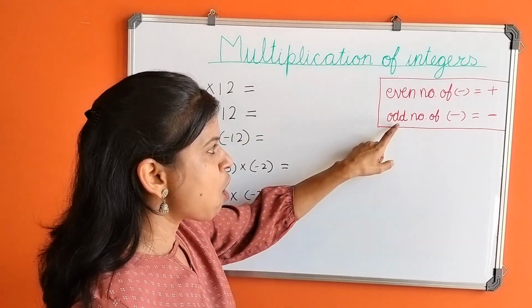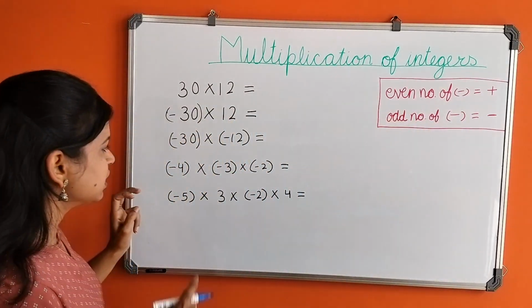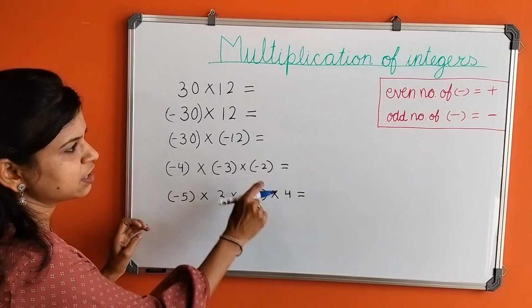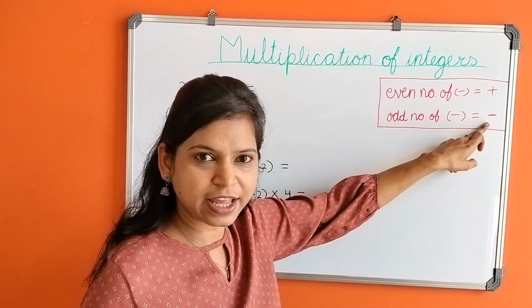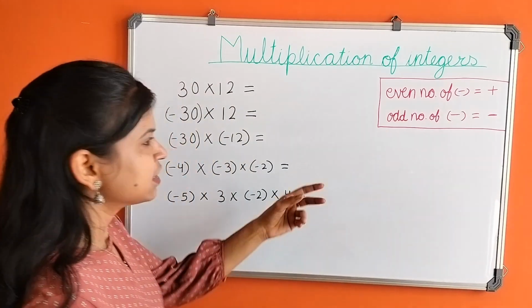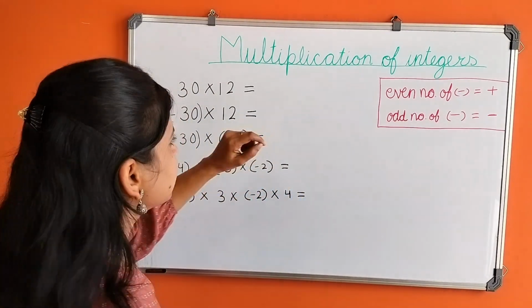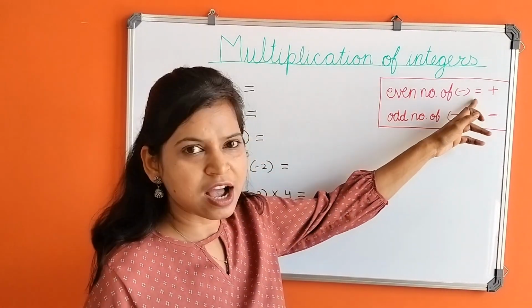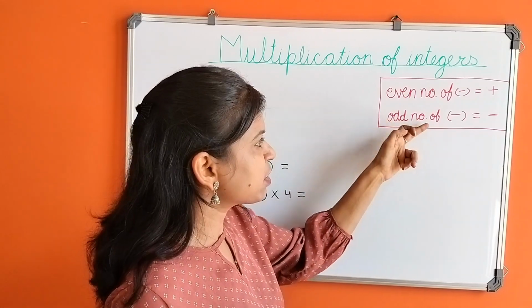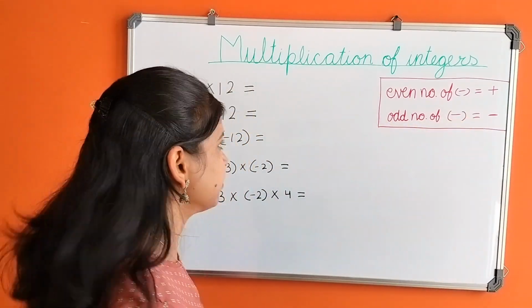If there are an odd number of negative numbers, like in this 1, 2, 3, then the answer will be negative. So this is a very simple rule. Even number of negatives, answer is positive. Odd number of negatives, answer is negative.